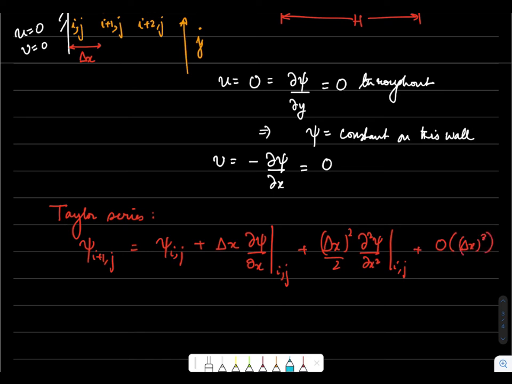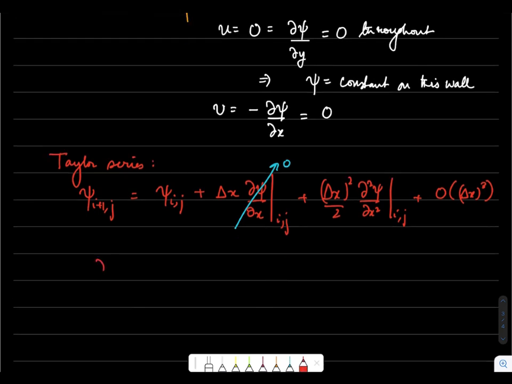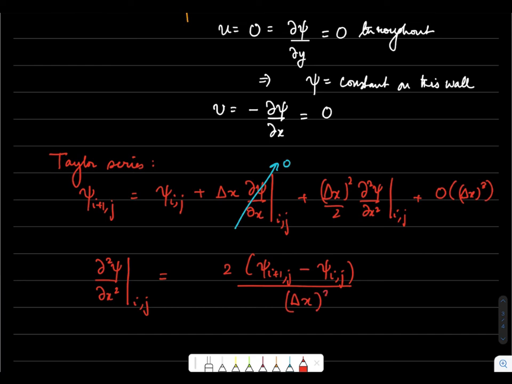Now note that I said d psi/dx is 0 on the wall, so this term goes to 0. That comes from this condition. And now what this gives me is that d2 psi/dx squared on the wall is given by 2 times (psi(i+1, j) minus psi(i, j)) by delta x squared, plus an order delta x truncation term.